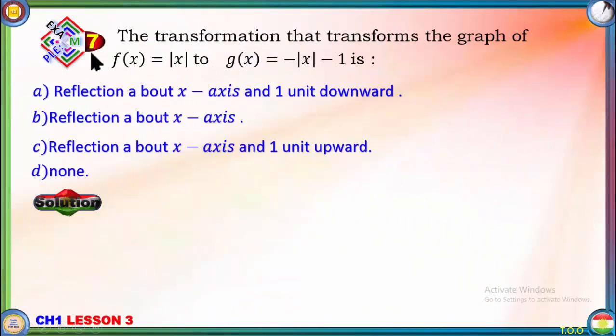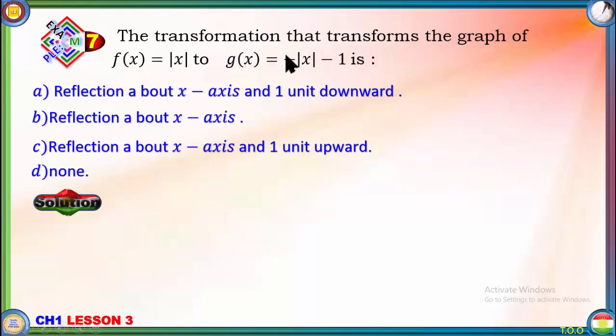Example number 7. The transformation that transforms the graph of the function f(x) equal absolute value of x to g(x) equal minus absolute value of x minus 1. As you can see here, absolute value of x is multiplied by minus. That means it is a reflection about the x-axis.